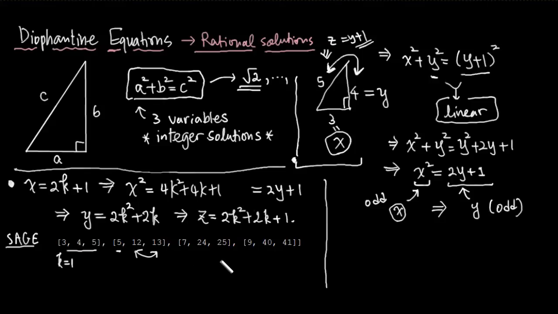That's very nice. And the third one corresponds to k parameter equals 3. So if you plug it in here, you get 7, 24 and 25 next to each other. When k equals 4, these 40 and 41 are right next to each other. And as you plug in more numbers, you will get more and more Pythagorean triples, such that these two sides are just 1 apart from each other.